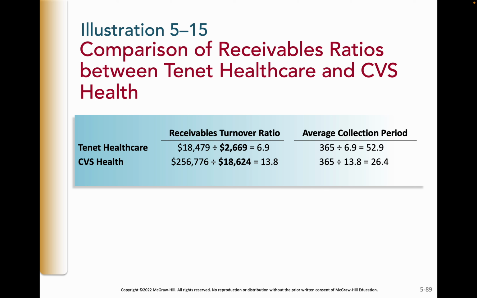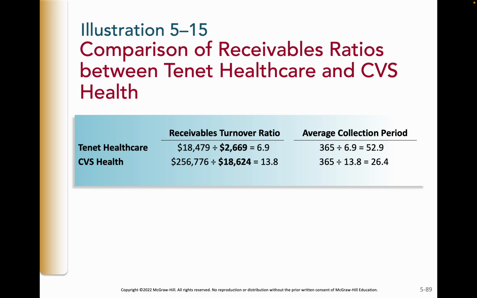So their receivables turn over 6.9 times every year. To find their average collection period, we take 365 divided by 6.9, and it gives us 52.9. So it takes their customers an average of 53 days, essentially, to pay their bills. So they're not collecting cash very quickly.